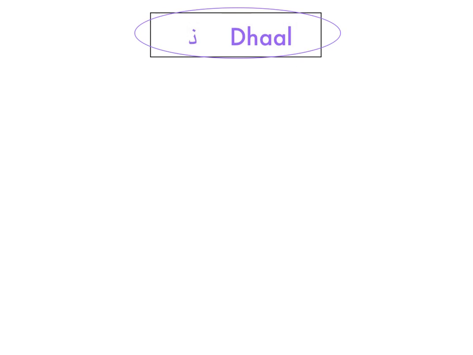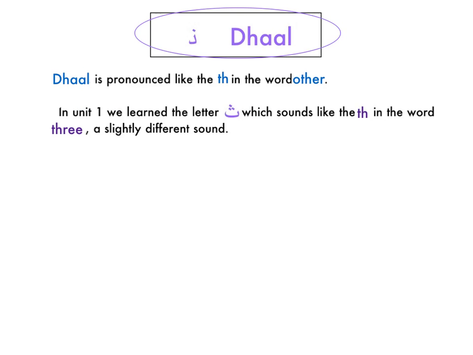The letter Dhaal. Dhaal is pronounced like the TH in the word other, so it makes a dh sound. In Unit 1, we learned the letter Tha, which sounds like TH in the word three, which is, remember, a slightly different sound.